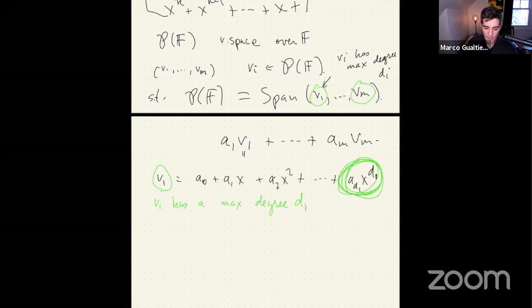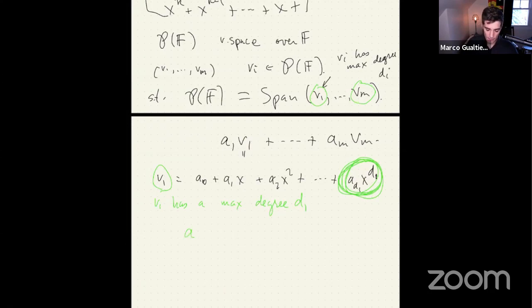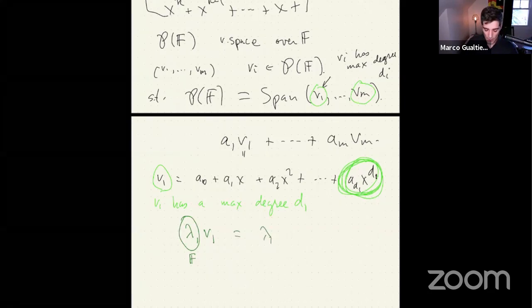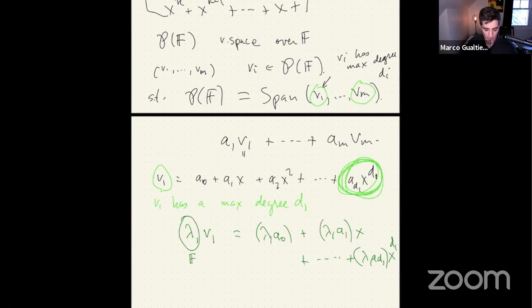Now when I take lambda 1 times V1, where lambda 1 is just in the field, this is lambda 1 a0 plus lambda 1 a1 x plus ... plus lambda 1 a d1 x to the d1. I'm just multiplying all the coefficients by lambda 1.